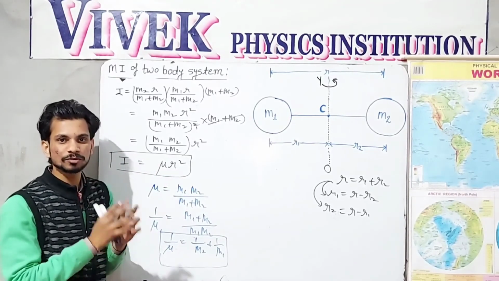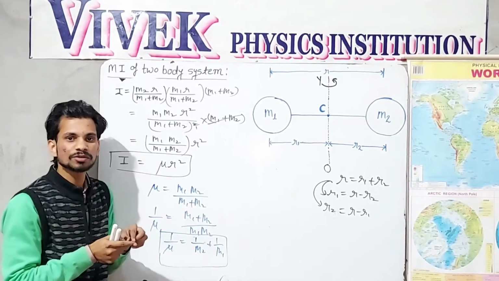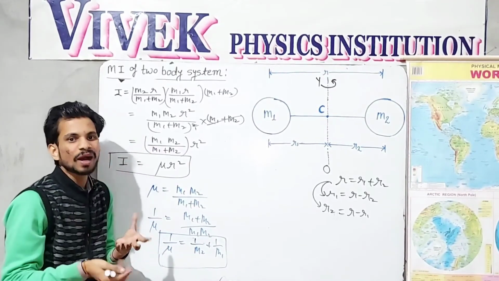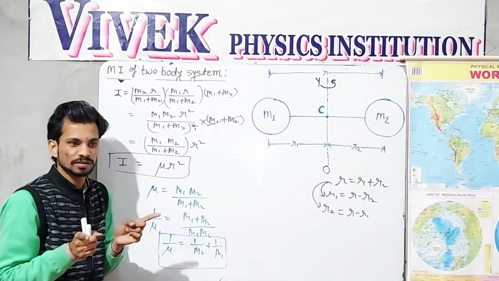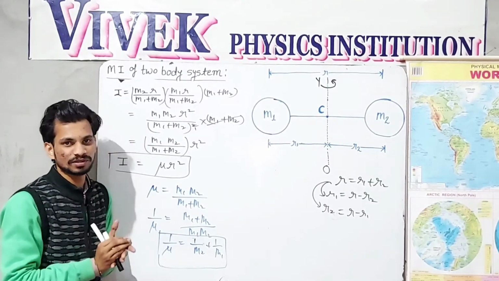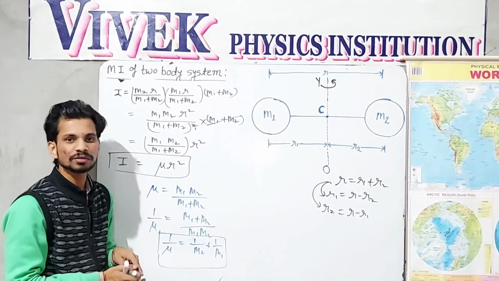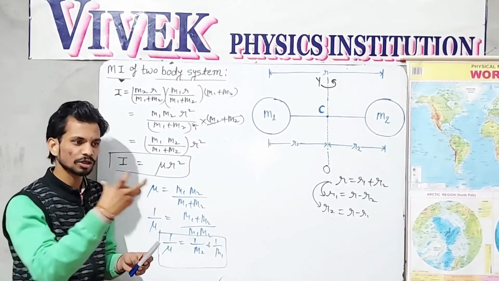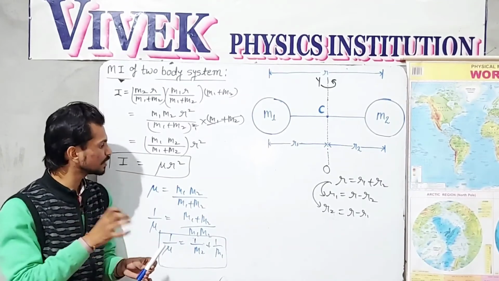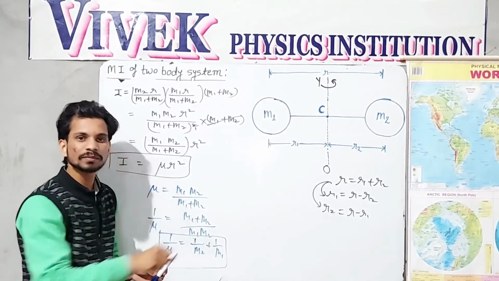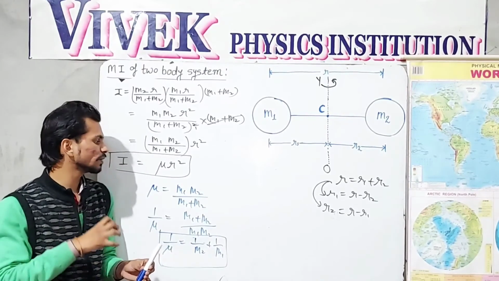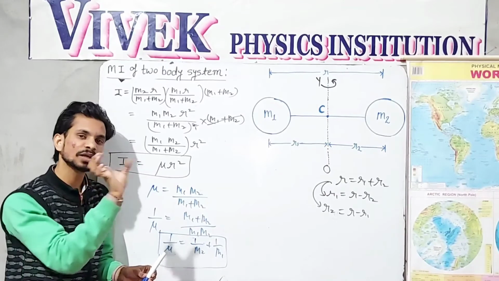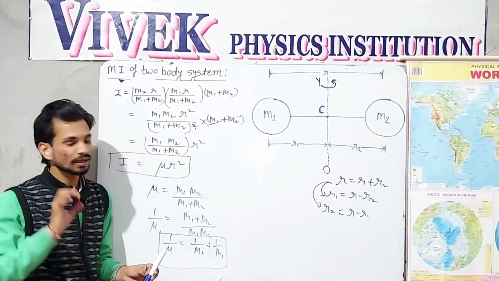The moment of inertia of a two-body system is equal to the product of the reduced mass of that system and the square of the distance between the two bodies comprising that system. So if you want to find the moment of inertia of systems comprised of only two atoms or two bodies, you should have the value of the reduced mass of that system, and you should also have the distance between the two bodies.